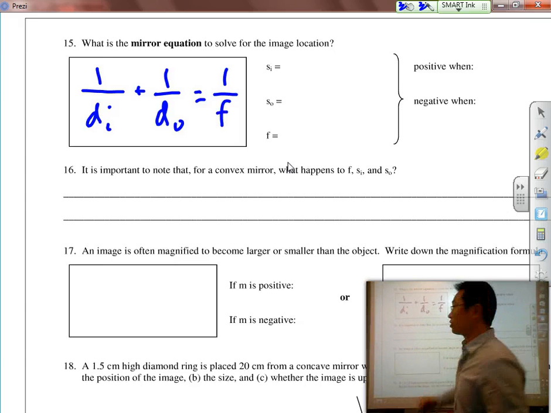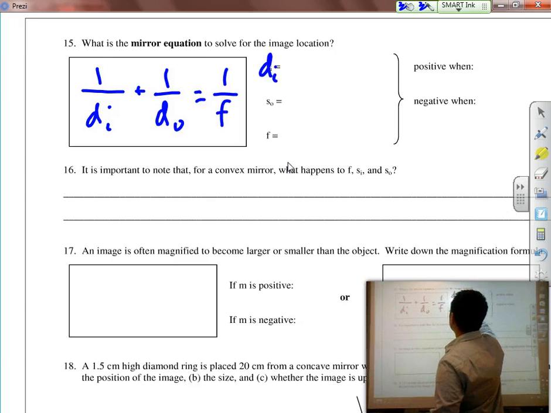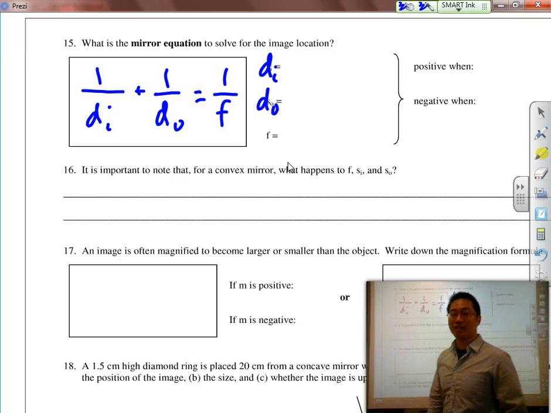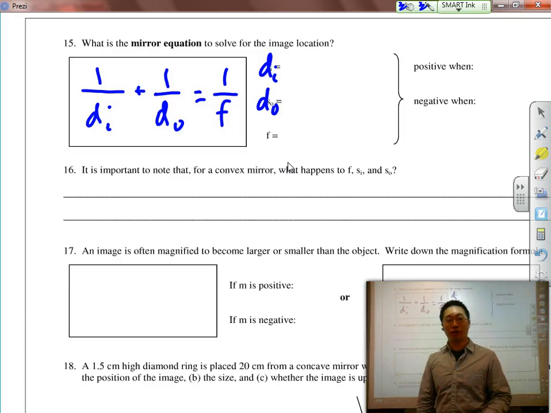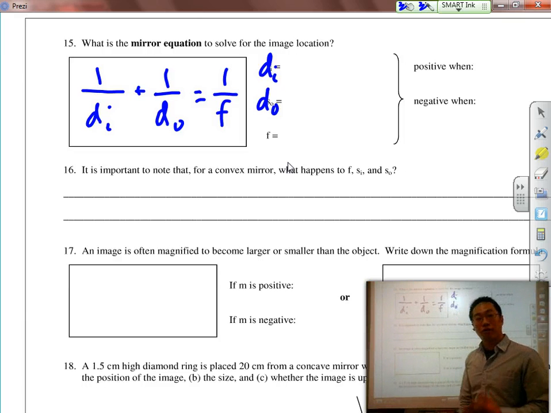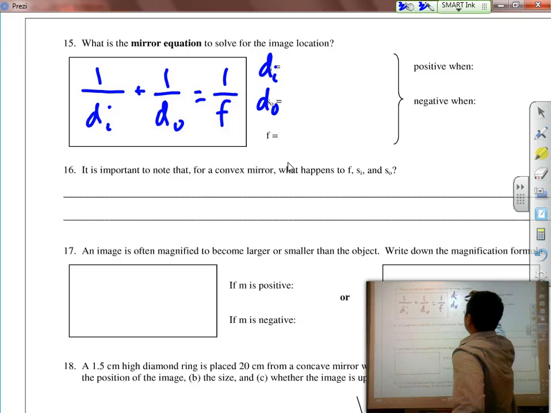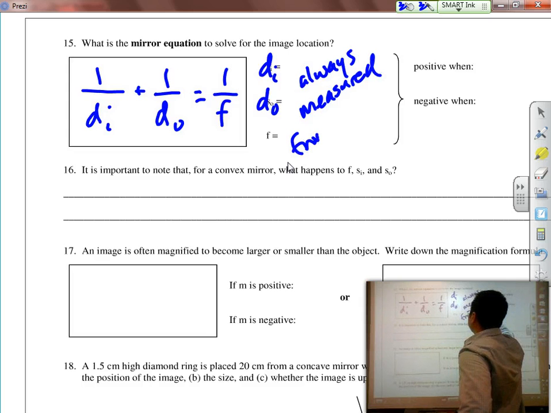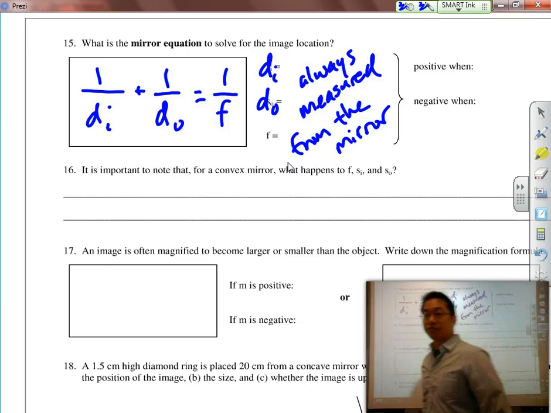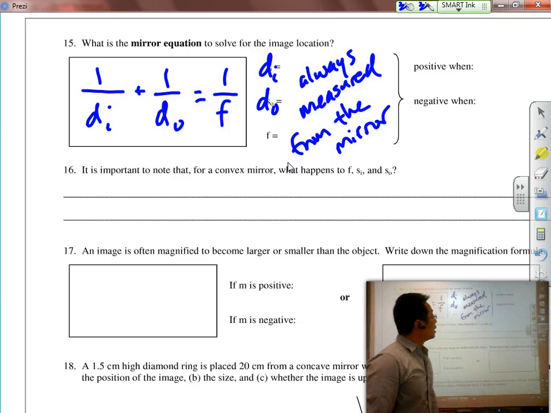I know it says SI and SO. I just prefer DI and DO myself. Distance of the object, distance of the image, and F, of course, is the focal point. But the most important thing to remember about all these things is that they are always measured from the mirror itself.